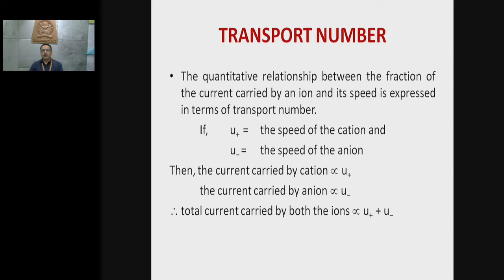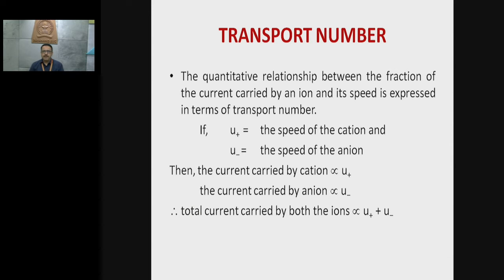If U+ represents the speed of the cation, while U- represents the speed of the anion, then the current carried by the cation is directly proportional to U+, the speed of that cation, while the current carried by the anion is directly proportional to the speed of that anion.